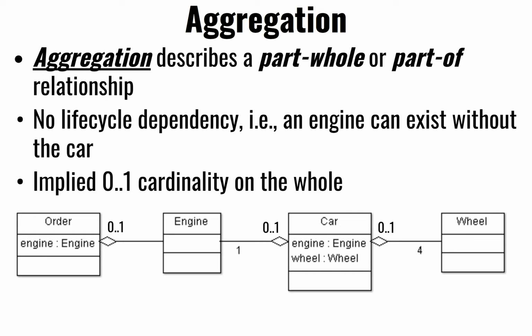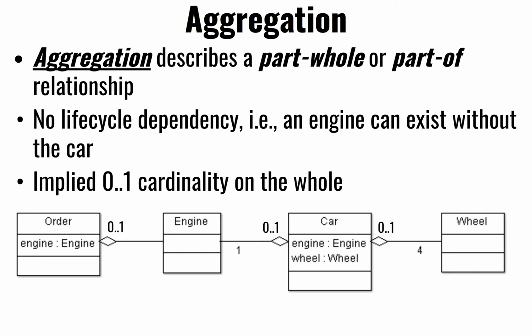We're specifying that there's a particular type of association between these two. We're saying that there's an aggregation relationship, that the order might have multiple engines, or might have a particular engine that it is pointing to. It's not specified here how many. On this side, though, it is implied that this could exist or not exist, that this could be a 0 to 1 relationship.